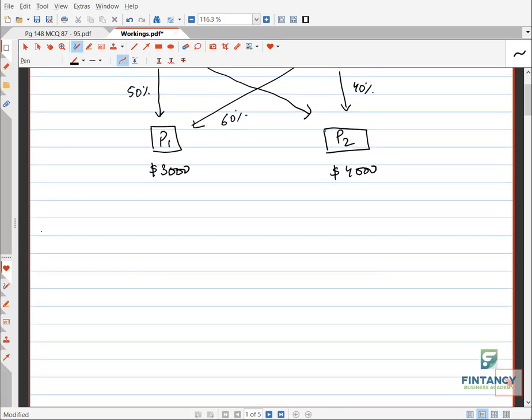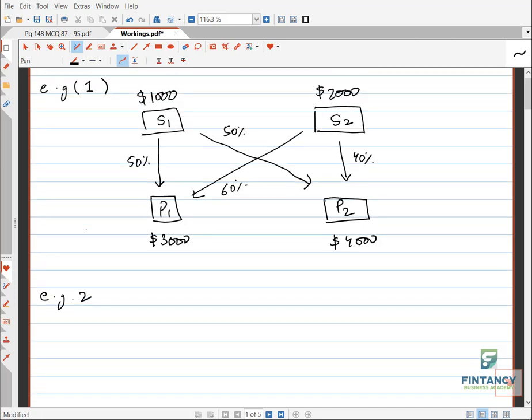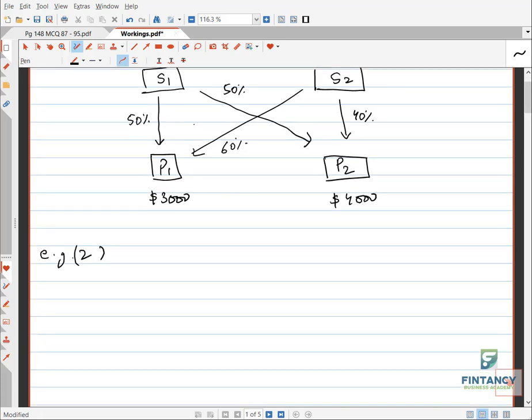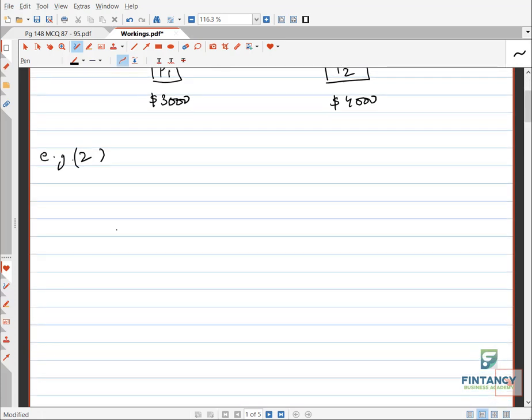Okay. So let's see the next example. Example number 2. It will be the same as the one I have written above. So let me quickly plot this again.